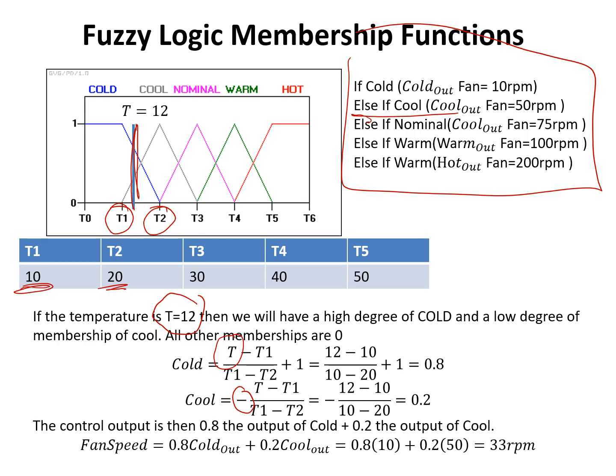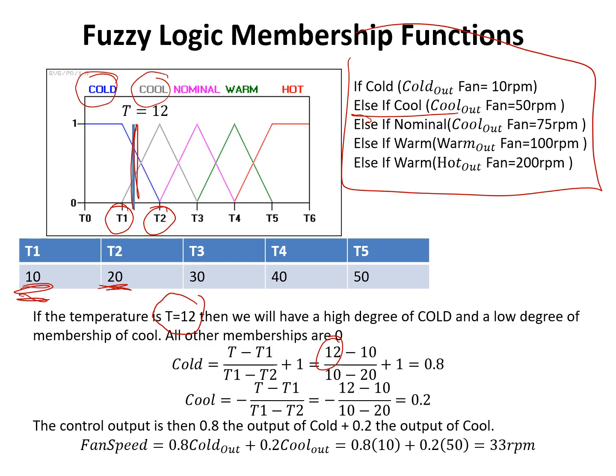If you do not include a negative sign, you'll find a negative result, and you can just take the absolute value, because we can only have a positive membership to a function. So if we now have 12 in here, we can visually see that 12 is much closer to 10 degrees than it is to 20 degrees. So we expect a higher membership of cold than of cool.